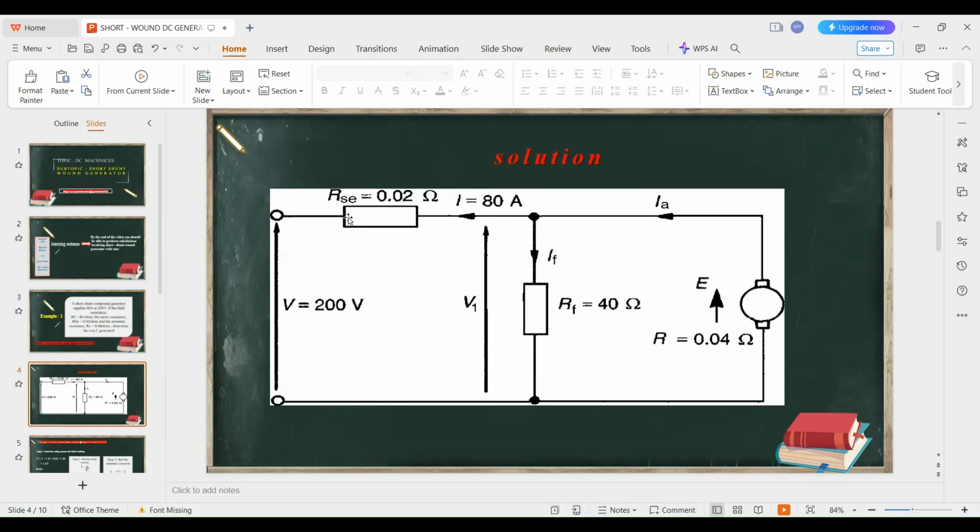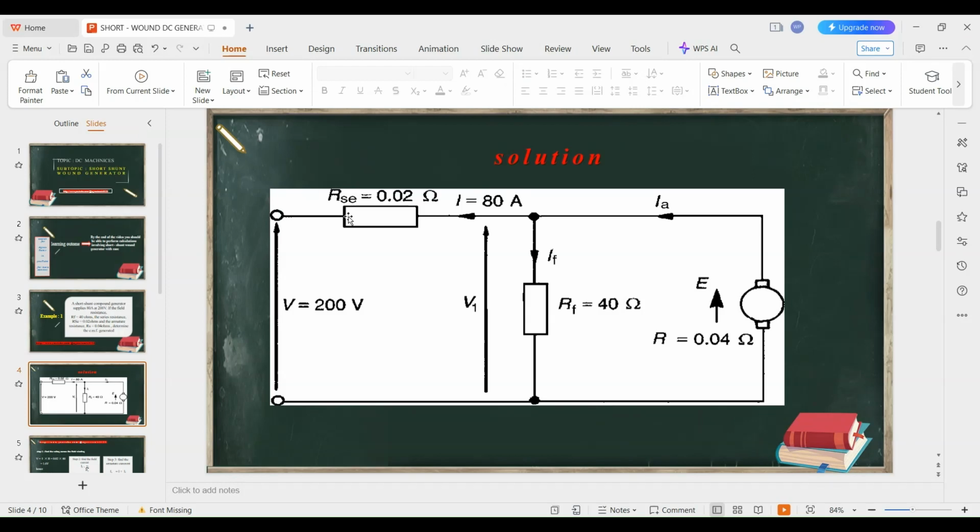What have we been given? We have the load current, that is 50 amperes. We have the supply voltage, that is 300 volts.